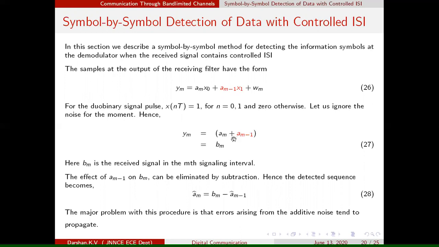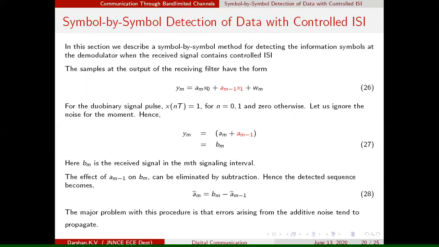So this is the meaning of controlled ISI. What we had done is add an ISI component, and at the receiver we know that at every instant, whatever we receive, along with the desired symbol you have the effect of the previous symbol also. You also know the effect, that is the addition. Now if you want to remove the effect, what were you doing?